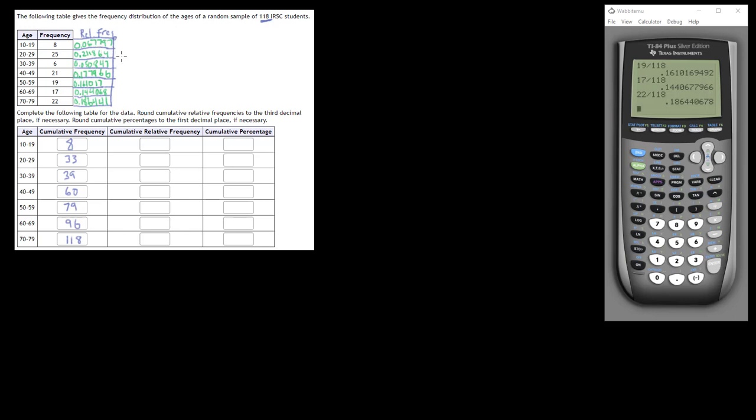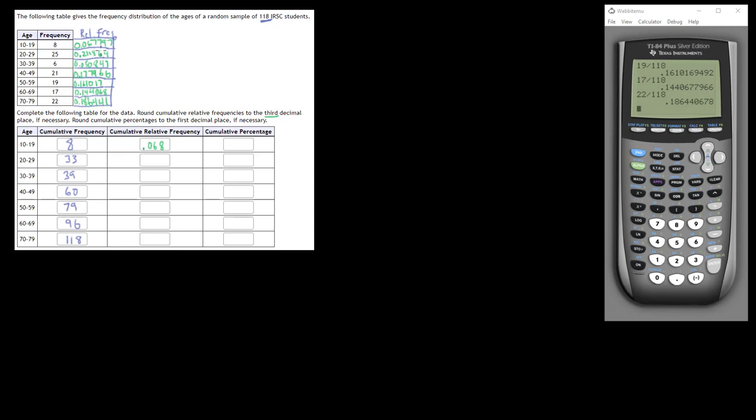Now we need to round to 3 places, so that's 0.068, rounding to 3 places.